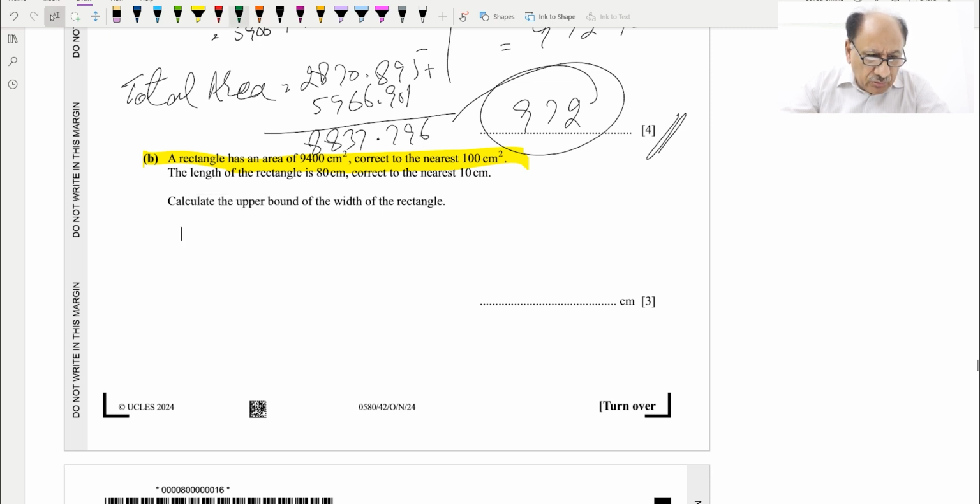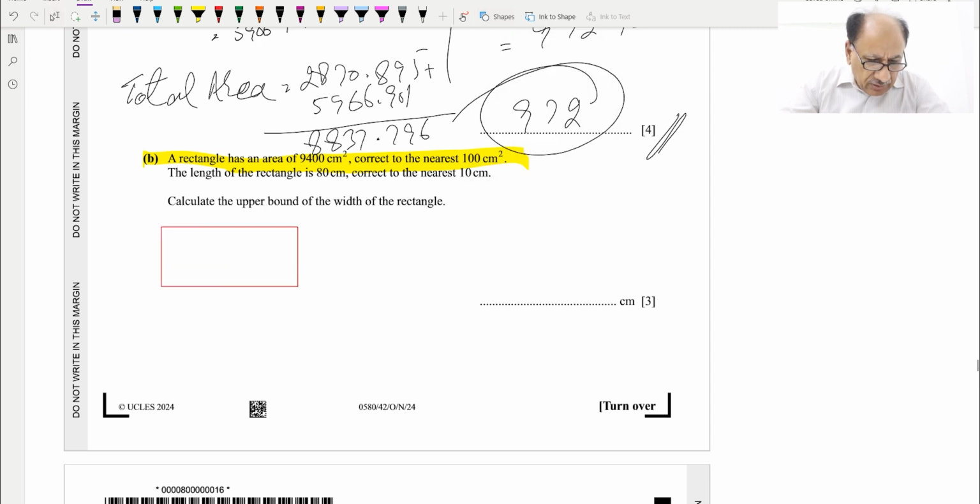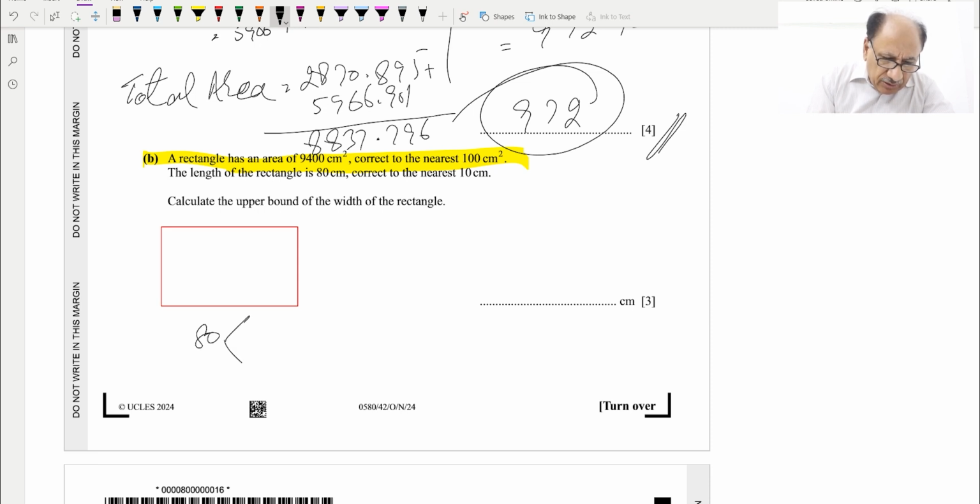They are saying this rectangle length is 80 centimeter, correct to the nearest 10. So upper bound and lower bound will be plus minus 5, right? So this will be 85 here and 75 here, upper bound, lower bound.